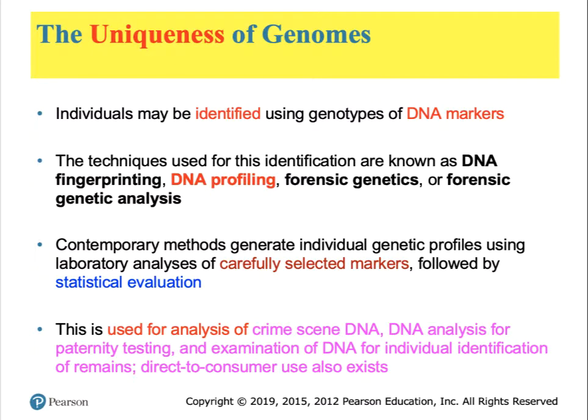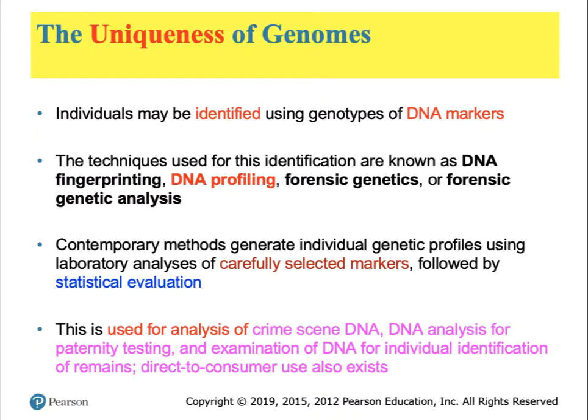Since the first known utilization of these techniques in 1986 by Alec Jeffreys of the University of Leicester, many refinements have been made, and currently we have methods that allow easy identification using carefully documented and selected markers along the DNA. Markers are simply landmarks that can be used to identify one type of DNA from another's, and the application of mathematics to quantify these values.